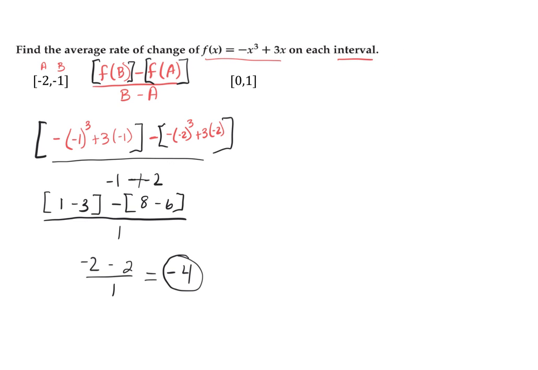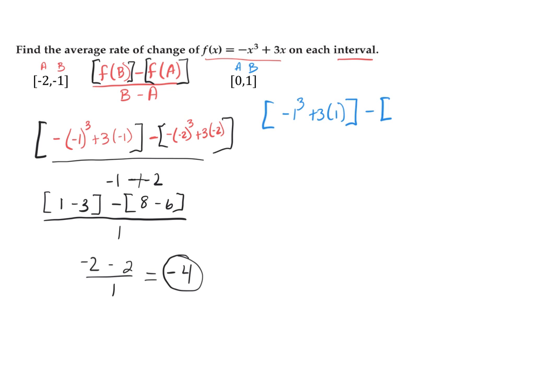So let's try and do the second one. This is my A, this is my B. So plugging into my function, I have my B term, so negative 1 to the third power plus 3 times 1.